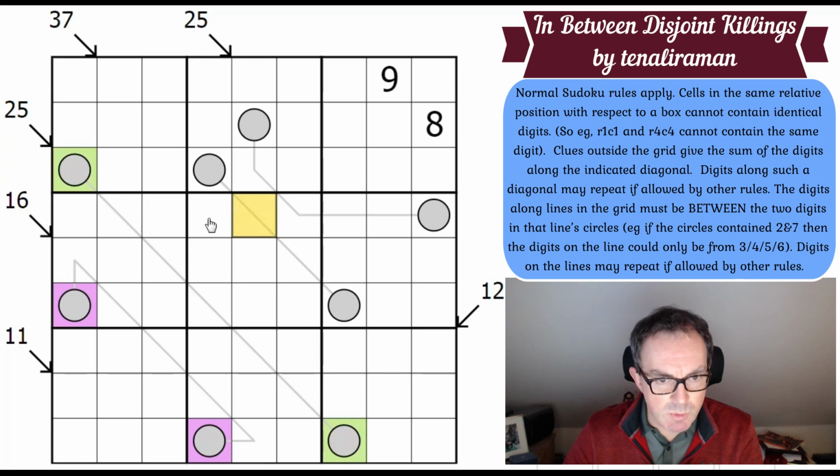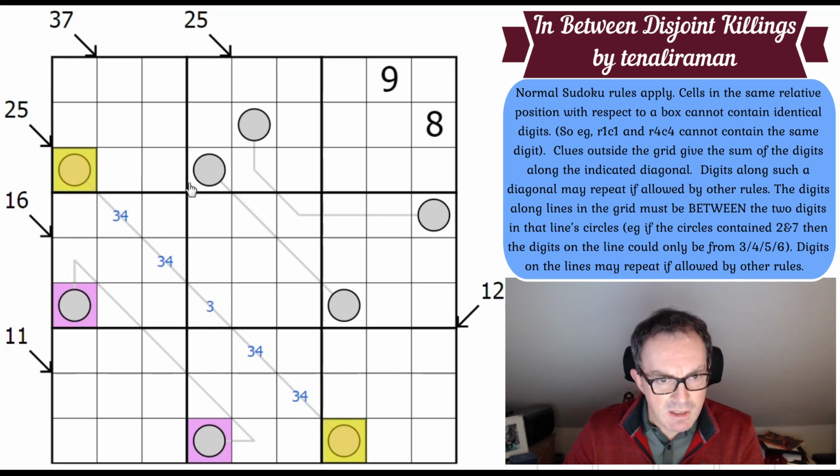We know there's a 2 in one of the greens, so we can go 3, 4, 3, 4, 3. So what's that add up to? 14, 17 plus the 2 is 19, plus we have to put a digit into the other side.